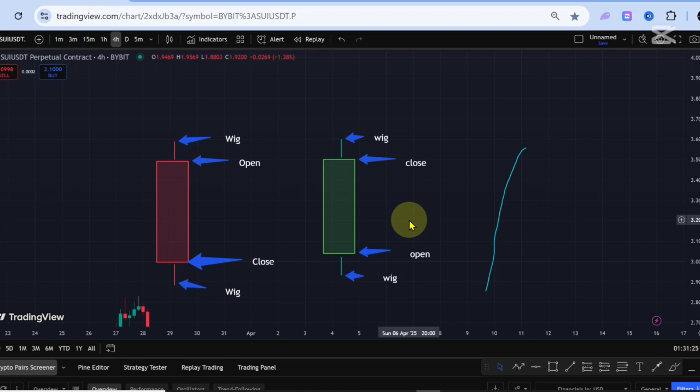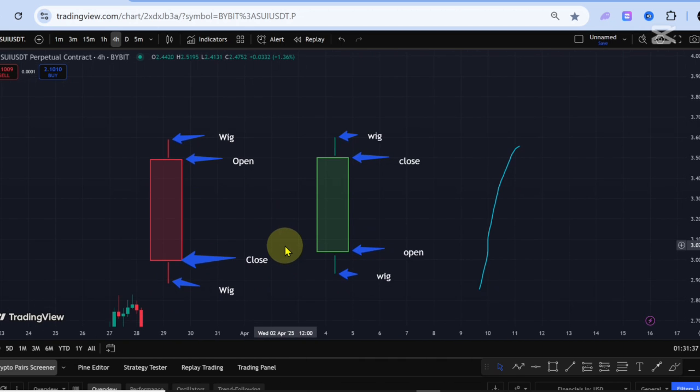So let's assume this is a daily time frame and this candlestick tells us the price movement per day. Let's assume yesterday price moved and ended at $2, and today price went from $2 to $4.